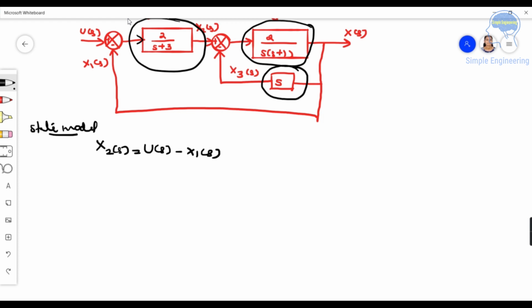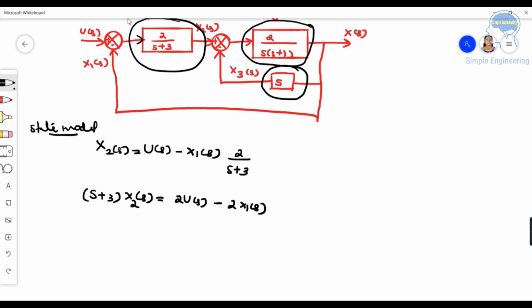So this is the first equation. The input is coming in and multiplied by 2 by s plus 3. If we rearrange this equation, s plus 3, the denominator, goes to this end. So s plus 3 into x2 of s is equal to 2 into u of s minus 2 into x1 of s.